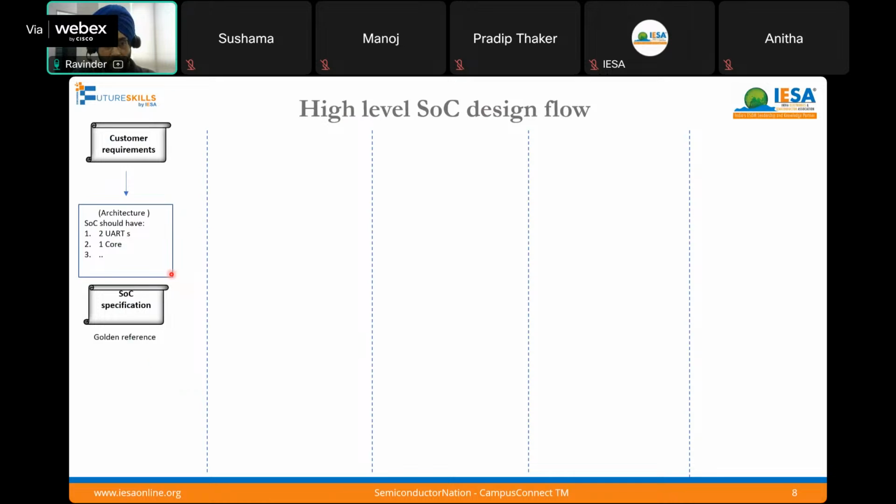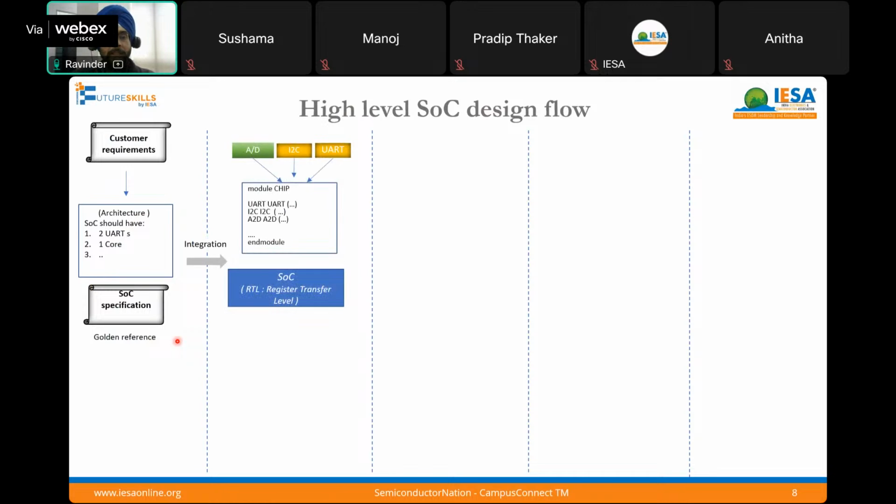And this architecture document becomes a golden reference for the SoC design team to implement the SoC based upon this specification.